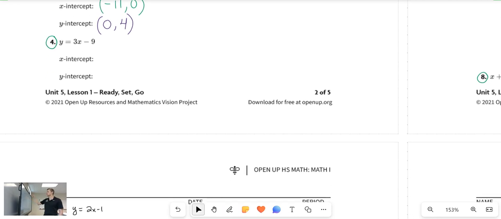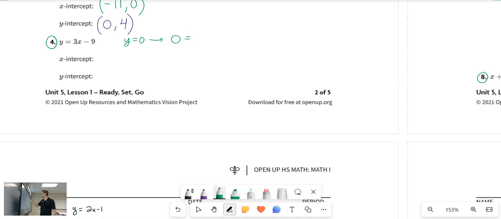We're doing one algebraically now because we just have an equation. So recalling that an x-intercept is where we plug in 0 for y. So we're going to solve this over here in green. We're going to say, all right, well, if y equals 0, then 0 equals 3x minus 9.